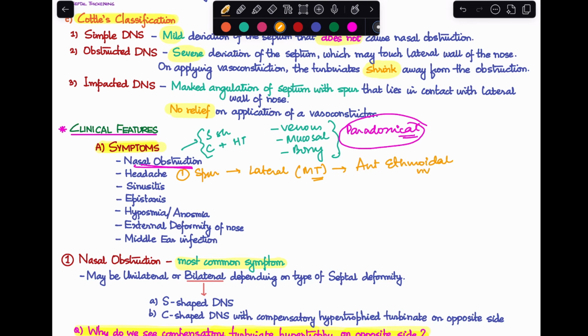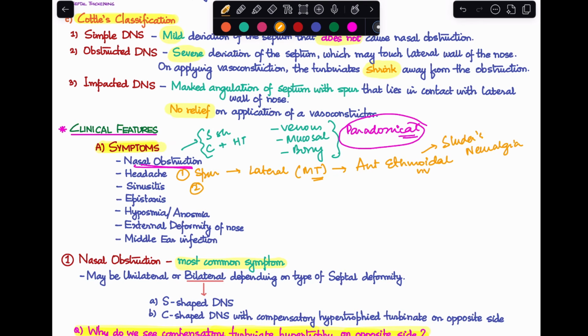When the anterior ethmoidal nerve gets compressed, it causes a disease known as Sluder's neuralgia. You feel a very neuralgic pain in the lower half of the face, and this is also associated with rhinorrhea. So Sluder's neuralgia can be one cause of headache here.